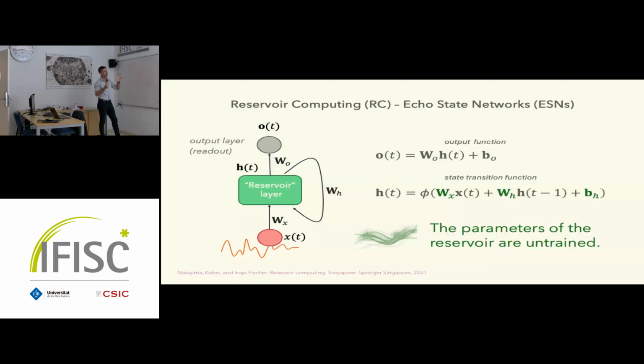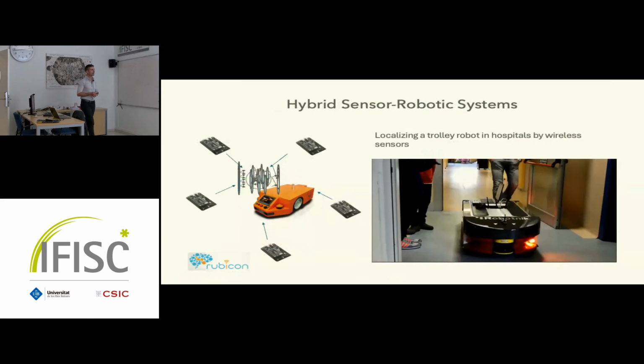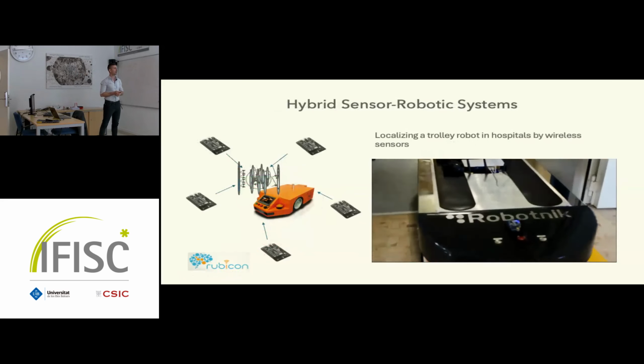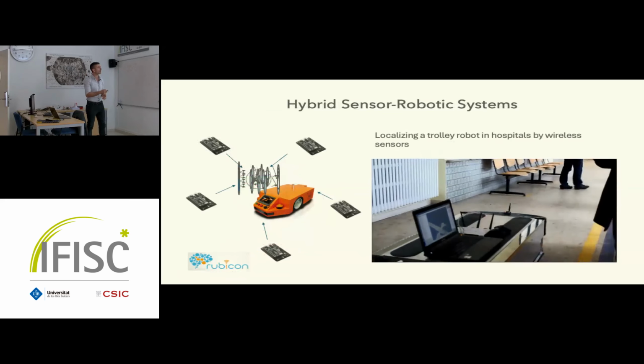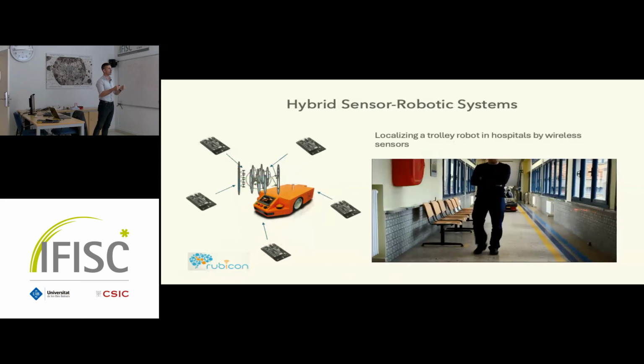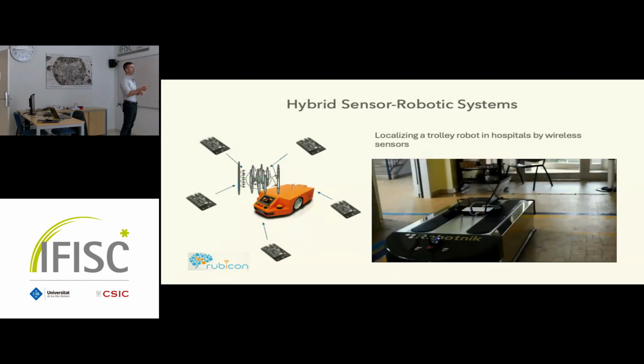But the point is that these systems can now be as small as required to be distributed in the environment, right? And in the past, for example, we have done a lot of experiments and we have several results where we have used these systems, for example, implemented on the very small sensor that you have seen with the antenna on the robot here.